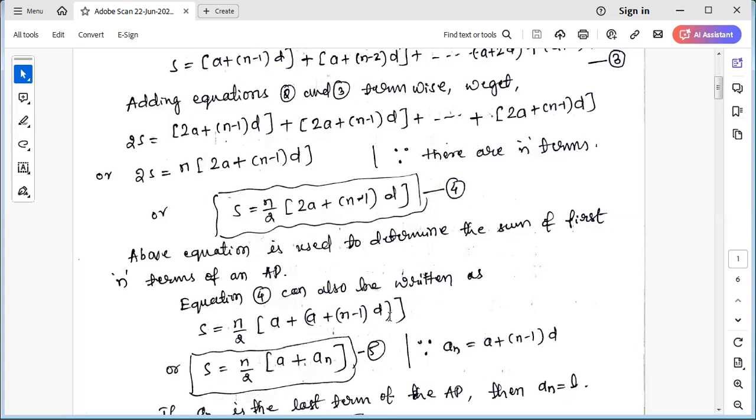And this a plus n minus 1 into d is nothing but the nth term of a given arithmetic progression. So we will write this a plus n minus 1 into d as a_n. Therefore, we are getting here S is equal to n by 2 into a plus a_n. So equation 4 can also be written in this way.